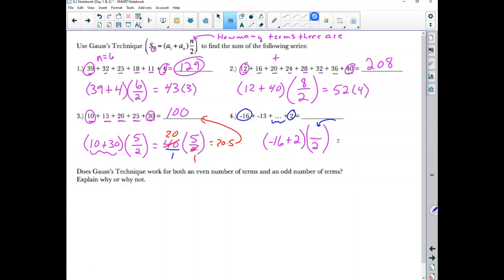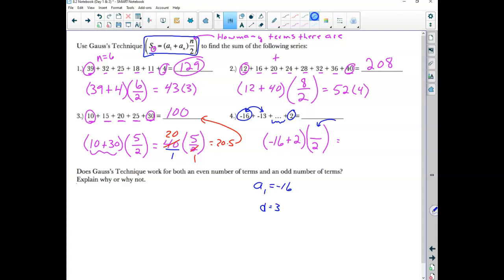So I do know that this is an arithmetic sequence, because this formula only works for an arithmetic sequence. And I know a sub 1 is negative 16, and I can also see from negative 16 to negative 13, d has to equal 3.